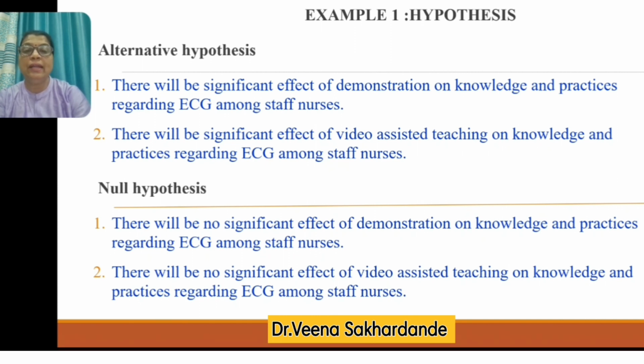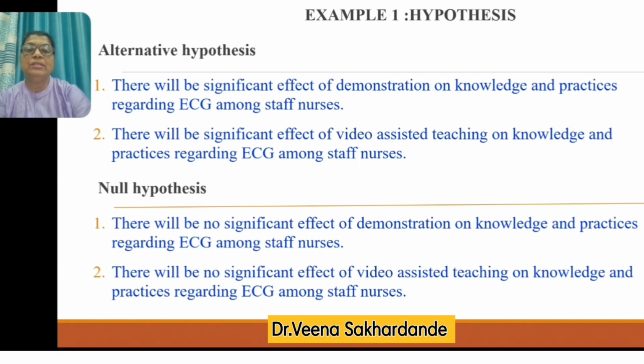Again, this is directing to the objective of the study. The second example, effect of video assisted teaching on the knowledge and practices regarding ECG, was a study done by one of my master students. So this alternative hypothesis reflects directly the objective or testing the outcome of the study.